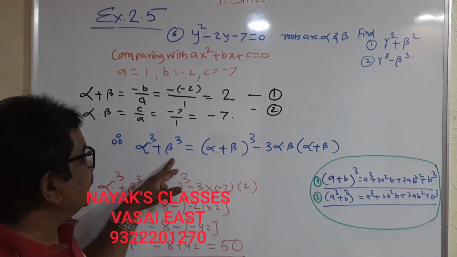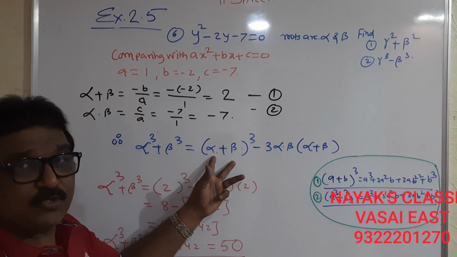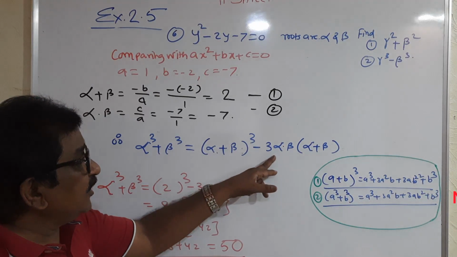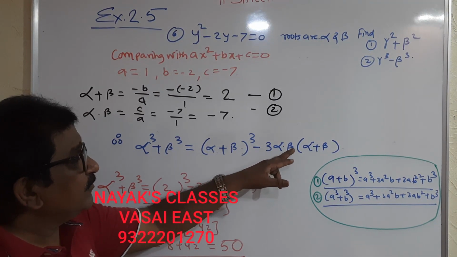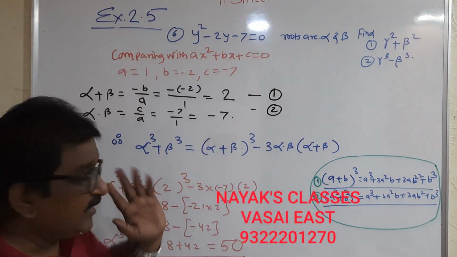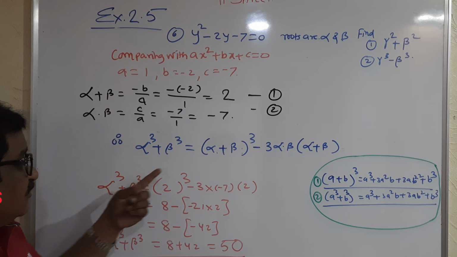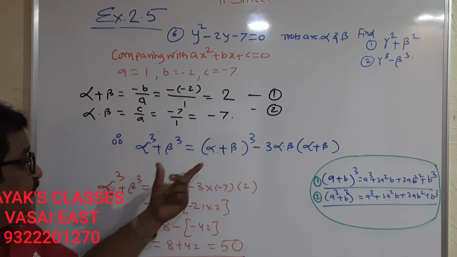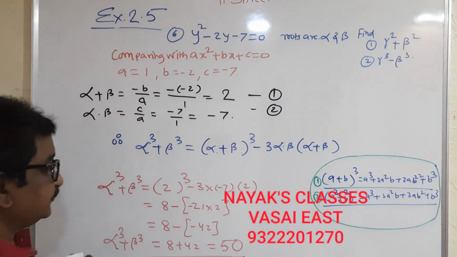So alpha cube plus beta cube is nothing but alpha plus beta the whole cube minus 3 alpha beta into bracket alpha plus beta. So alpha cube plus beta cube is equal to alpha plus beta cube, means 2 cube, from 1 and 2.